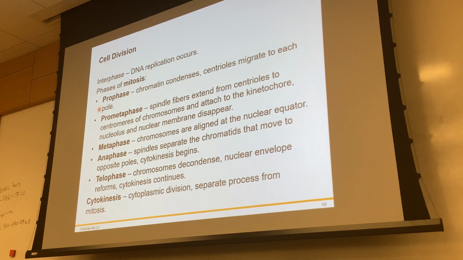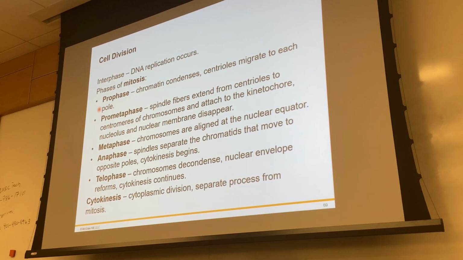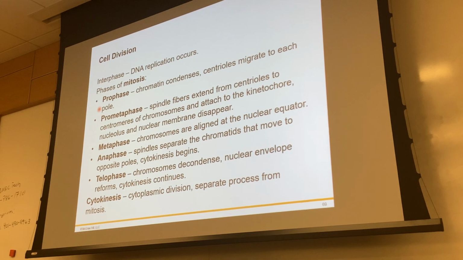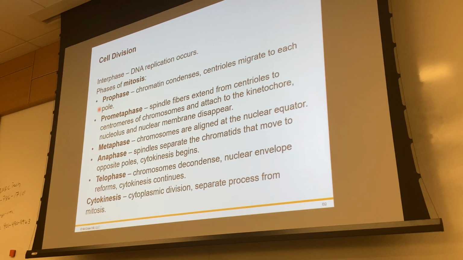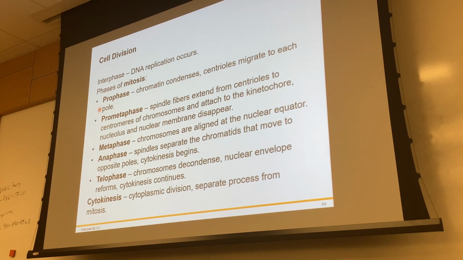And then we're going to clean up the mess. Right? At this point, everyone over here is going to get grouped up into a nucleus. Everyone over there is going to get grouped up into another nucleus. That nuclear envelope is going to get reformed, and then because you're really, really tightly wound up, you're going to unwind.